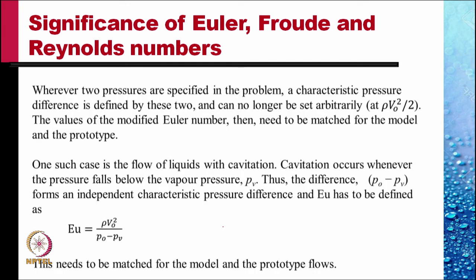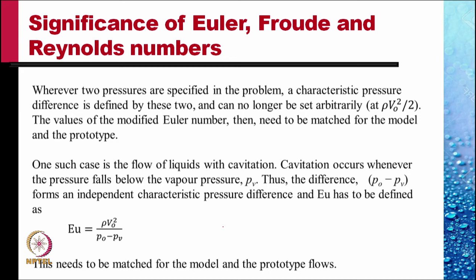But this breaks down if 2 pressures are specified in the problem. Because if there are 2 specified pressures, then they would determine what the characteristic pressure difference is. So we can no longer set it arbitrarily at rho V naught square by 2.